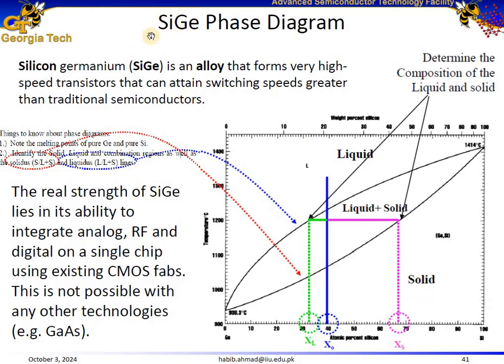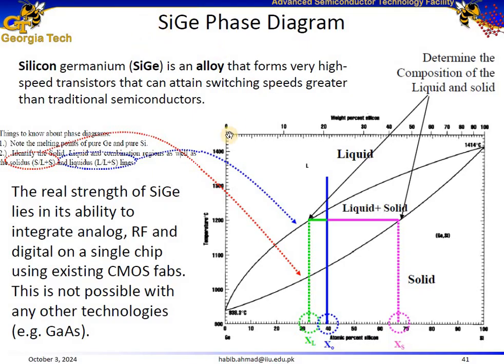Silicon-germanium is an alloy formed by the combination of silicon and germanium, and the key benefit of silicon-germanium is its ability to achieve higher switching speeds as compared to the traditional silicon-based semiconductors, making it ideal for high-speed electronics.